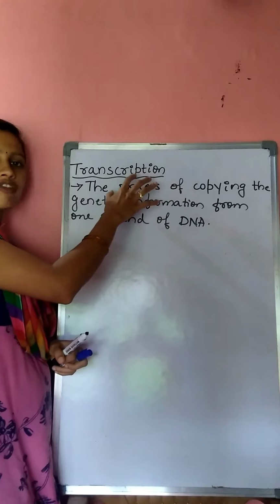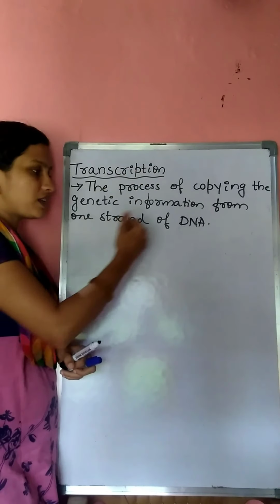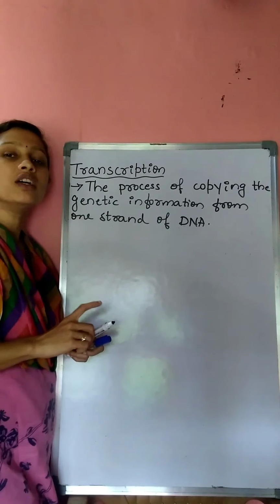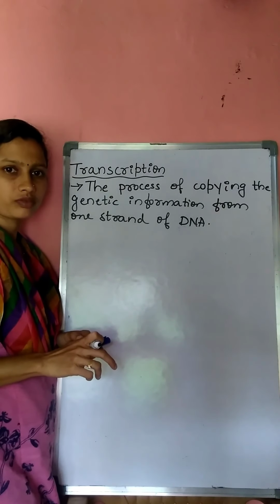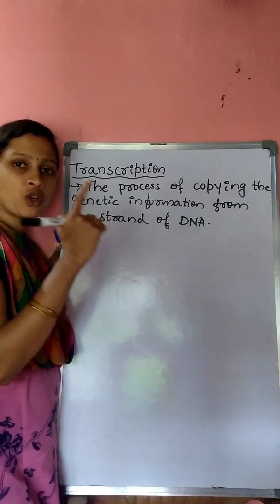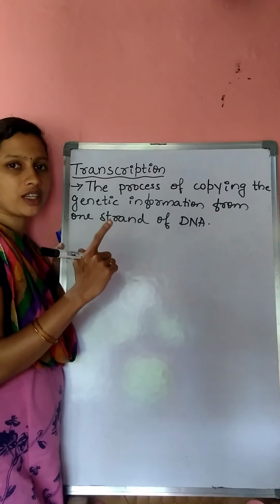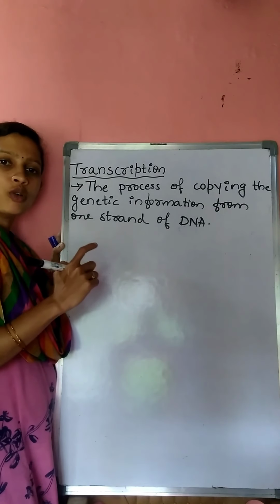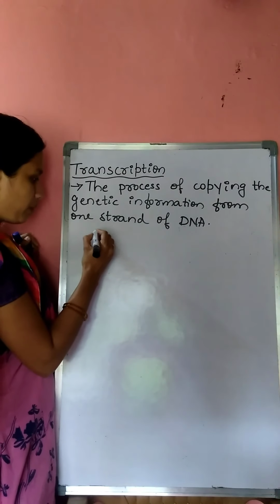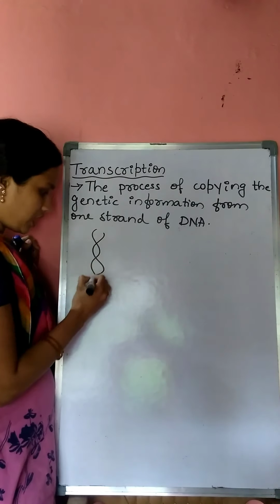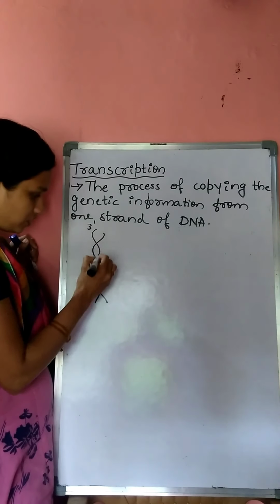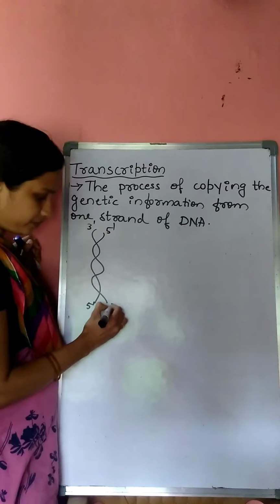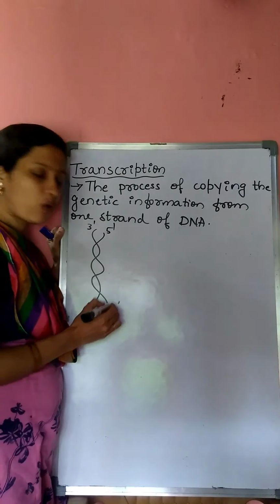Now, the genetic information present in the DNA is transferred into the RNA by the process called transcription. During transcription, only one polynucleotide strand of the DNA is involved. If both the strands of DNA are involved during transcription, then what happens?